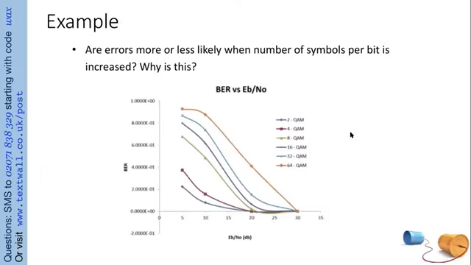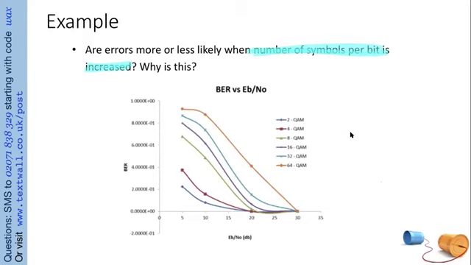Now remember, last lecture, we asked the question. We said, when we increase the number of bits per symbol, it says number of symbols per bit, but it's referring to the same thing. So when we say the number of symbols per bit, we mean per bit period.